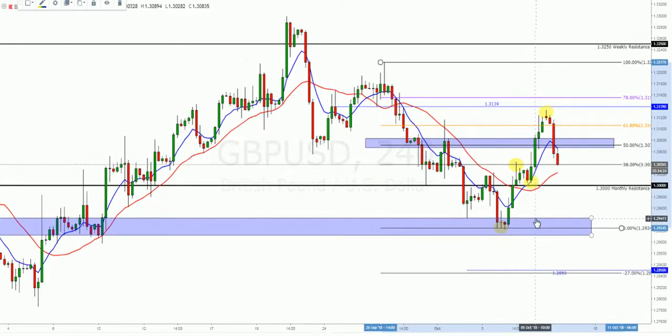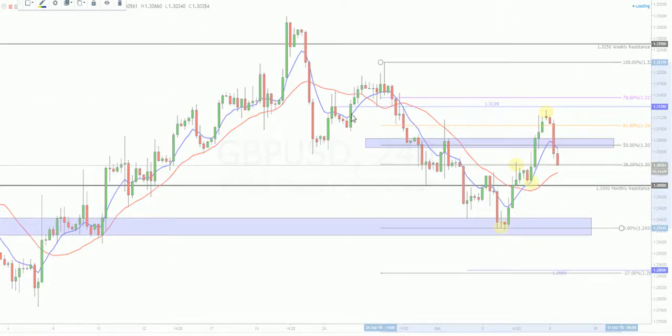But not much else to say here on the 4-hour time frame. Pulling back slightly, obviously as you can see, we do have a level of support here. But I think we may be seeing downside here from the pound.